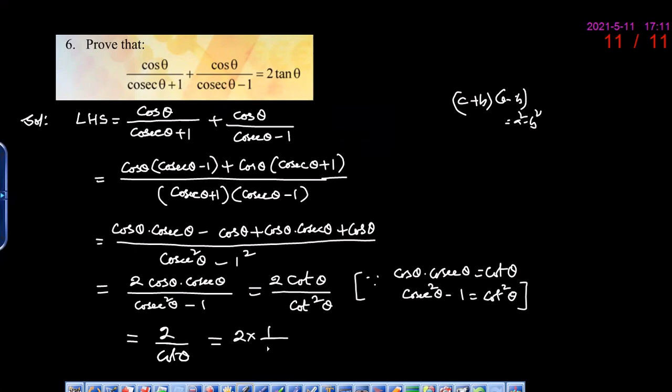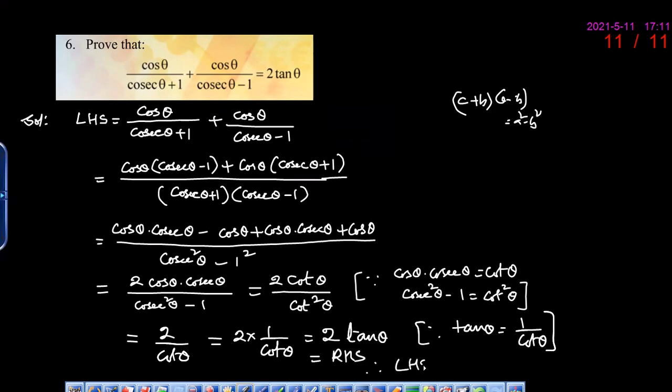So further let me write clearly here, and can I write 1 upon cot theta as tan theta? Since tan theta is equal to 1 upon cot theta, that is equal to RHS.